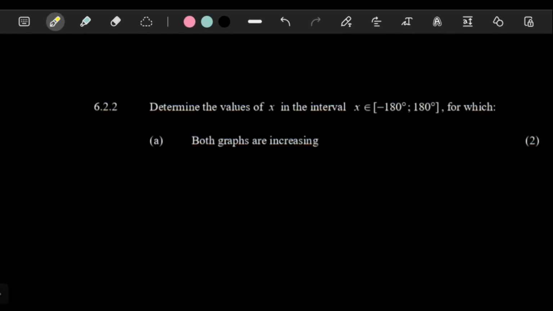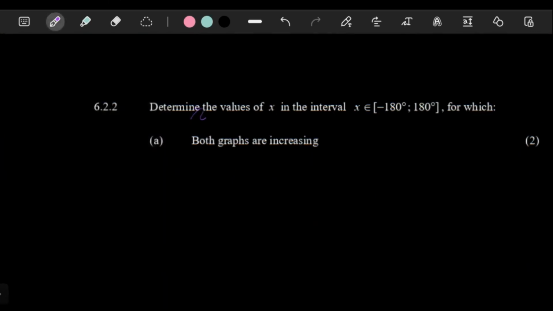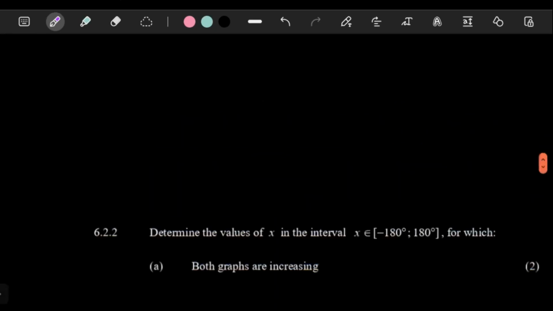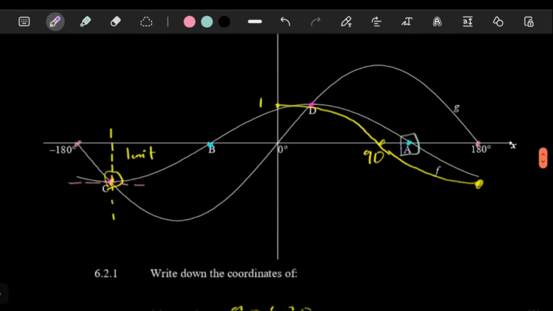6.2.2, it says determine the values of x in the interval negative 180 to positive 180 for which both graphs are increasing. So we need a position where they are both increasing, meaning both having y values going up.